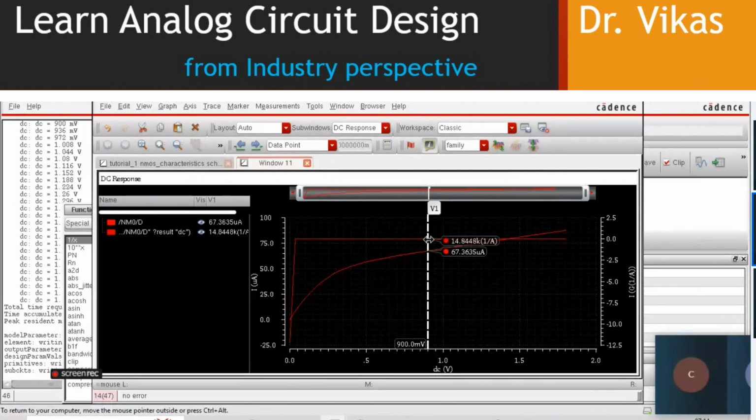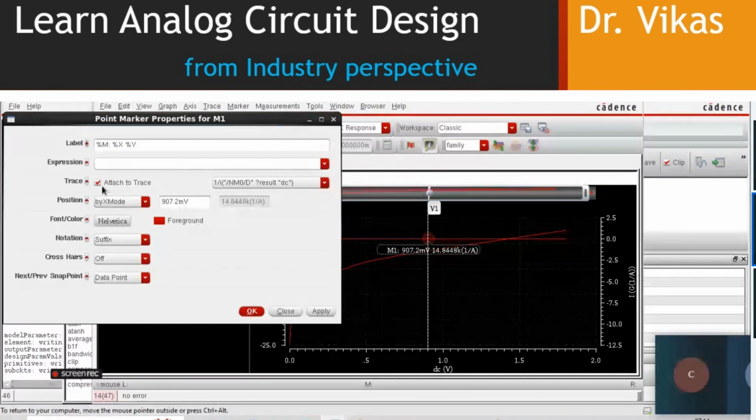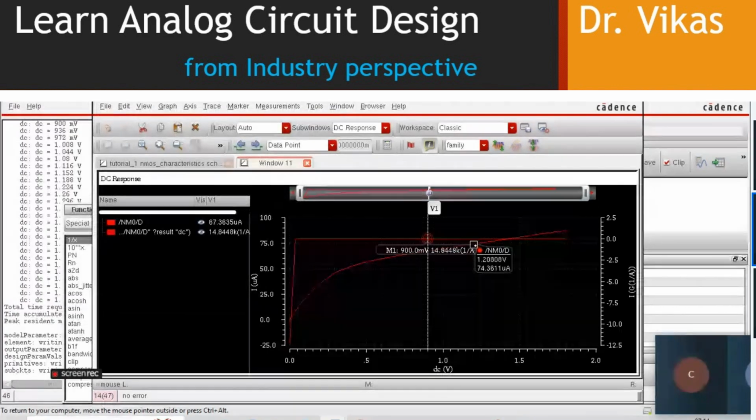There you go, that's 14.844. You can see in the bracket there is a K written over here. Let's mark it at exactly 900. 14.844 K, 1 by A.